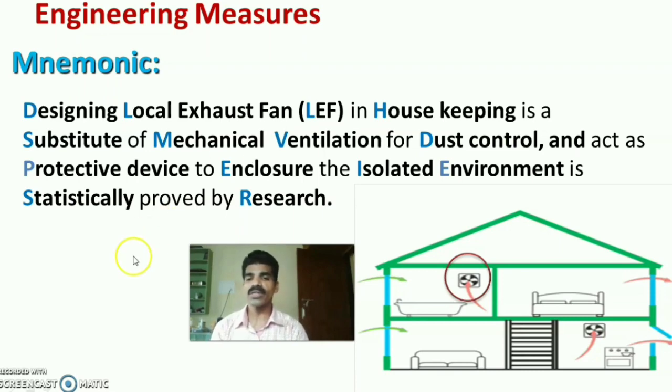So we have discussed all the 13 measures under engineering measures, that is designing the building, using local exhaust fan or ventilation, good housekeeping, substitution, mechanization, ventilation, dust control, protective devices (PPE), enclosure, isolation, environmental monitoring, statistical monitoring and research.